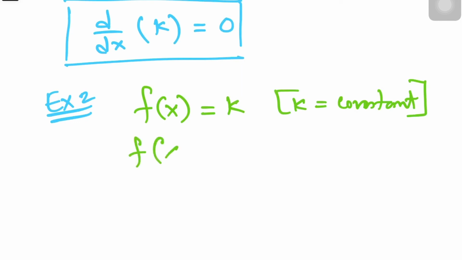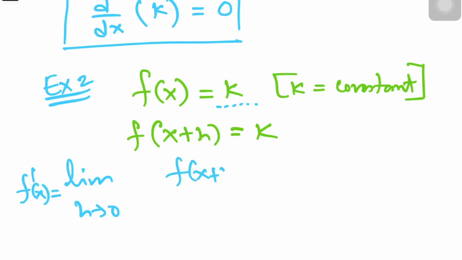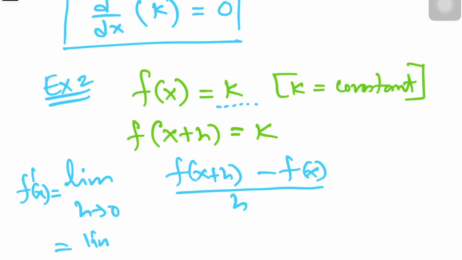So we also need our f of x plus h. As you know, since there is no x term here, the output value will also be equal to k. So if we use the limit definition of the derivative, f of x plus h minus f of x, divided by h, limit as h approaches 0, that's going to be k minus k over h.